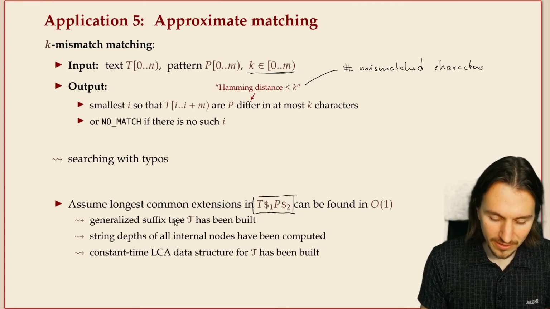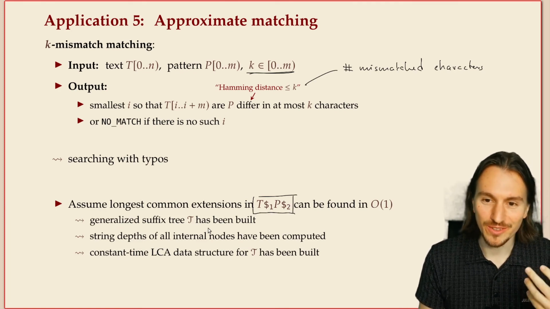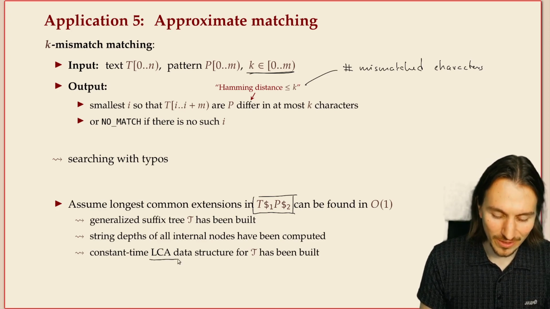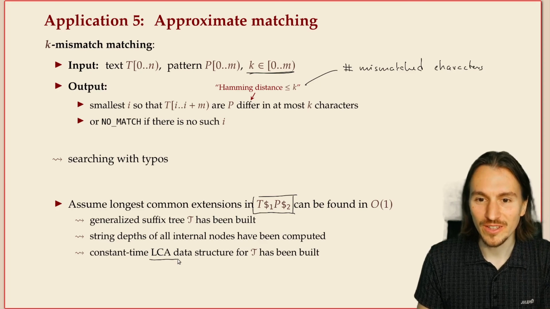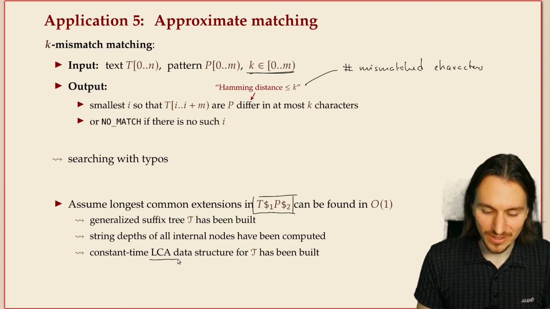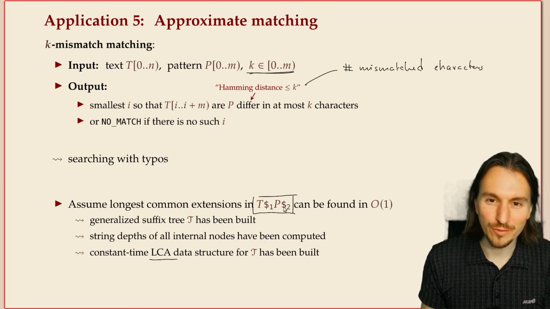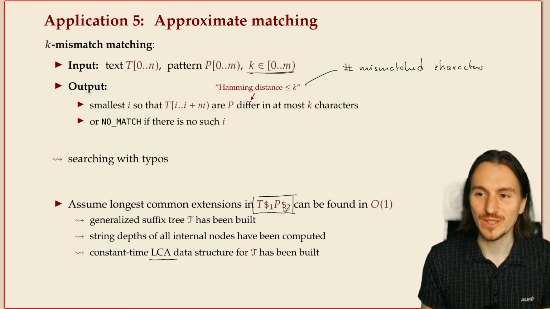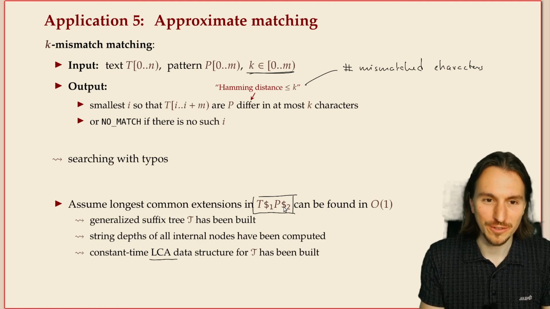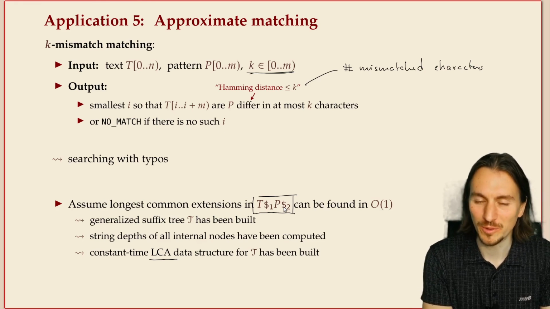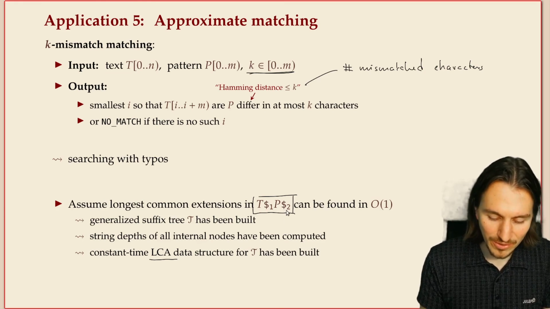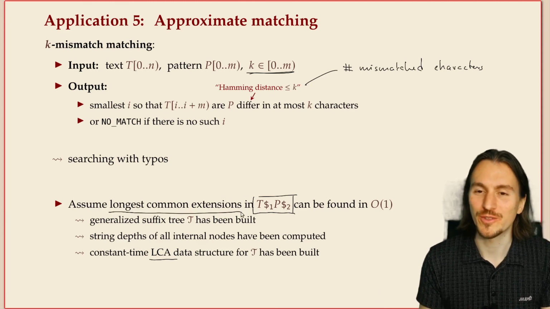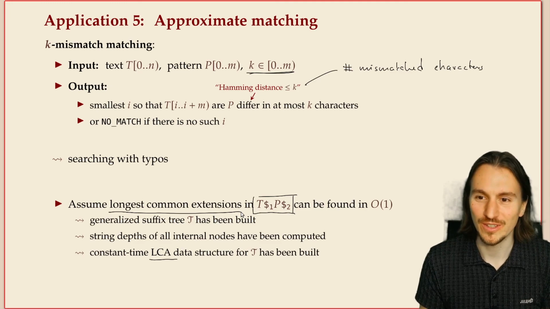And you can basically do this: you build the generalized suffix tree and then compute the lowest common ancestors in the generalized suffix tree. So this going from one string to several strings is again possible with similar tricks as we've seen for the generalized suffix tree. So we can use longest common extensions also in different strings, and it works in essentially the same way.